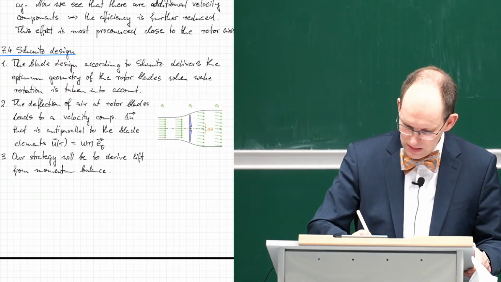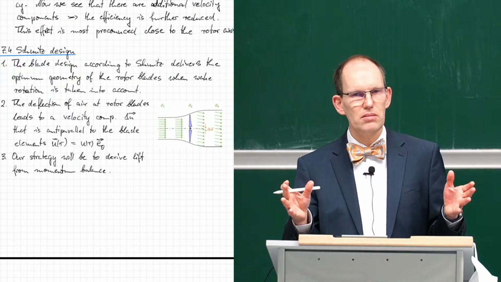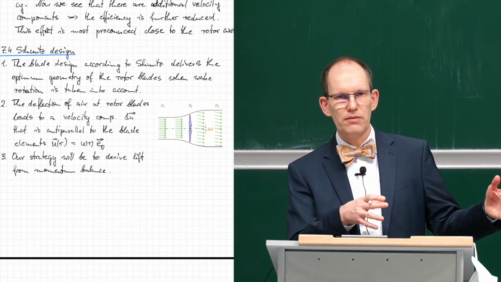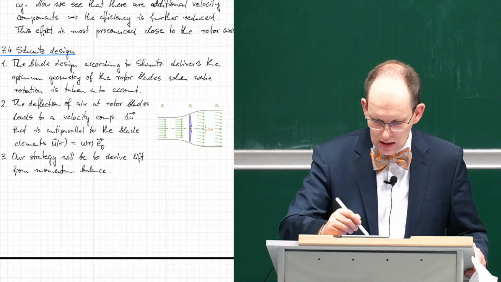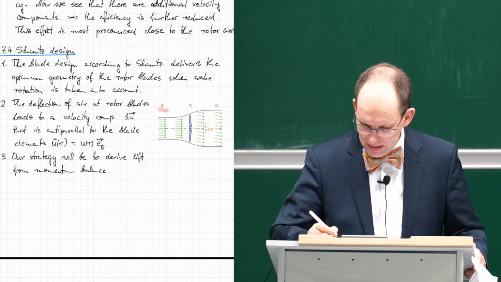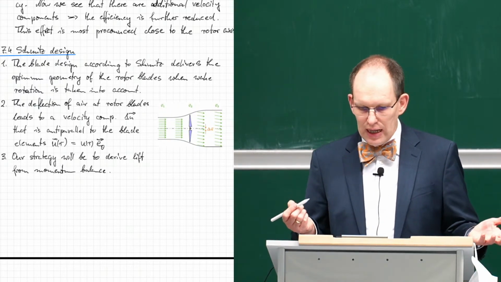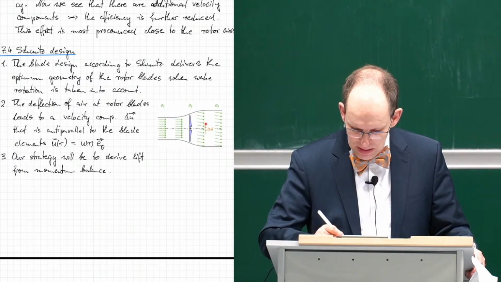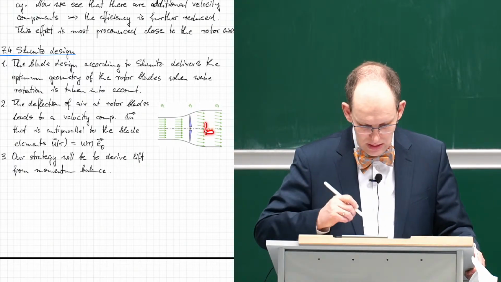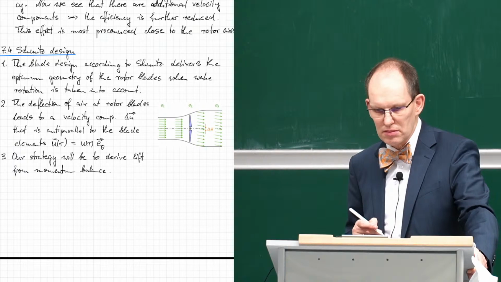What we know is, of course, that far beyond the windmill, the velocity is v1, as indicated here, and far behind it is v3, and then we can determine this deflection here.